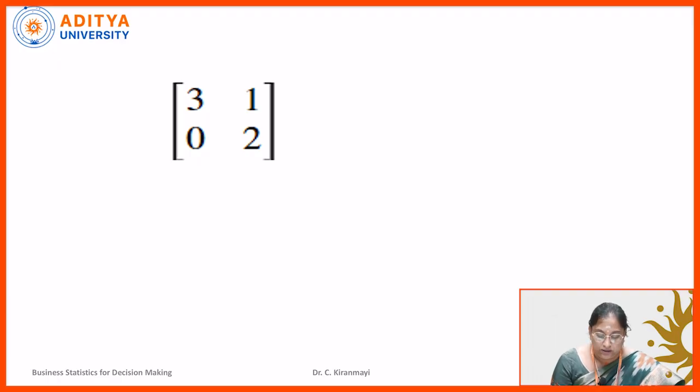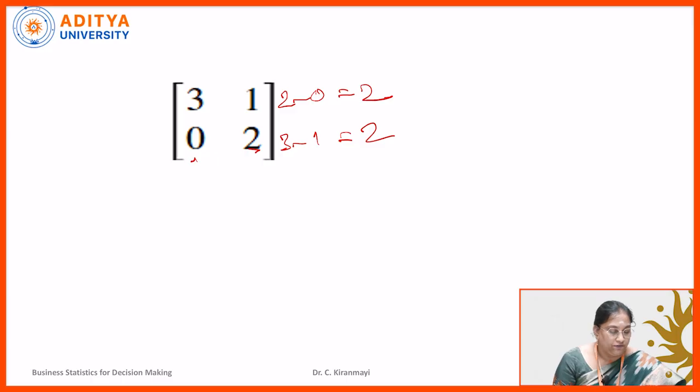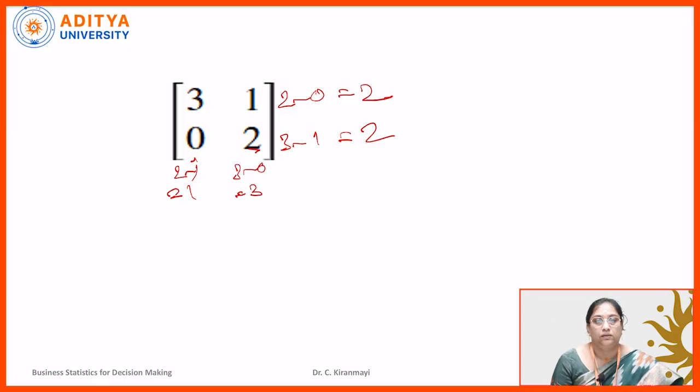Find out the difference for the second row, that is 2 minus 0 is 2. Next, for the first row 3 minus 1, that is 2. Next, likewise for the second column difference, 2 minus 1, that is 1, and 3 minus 0, that is 3.